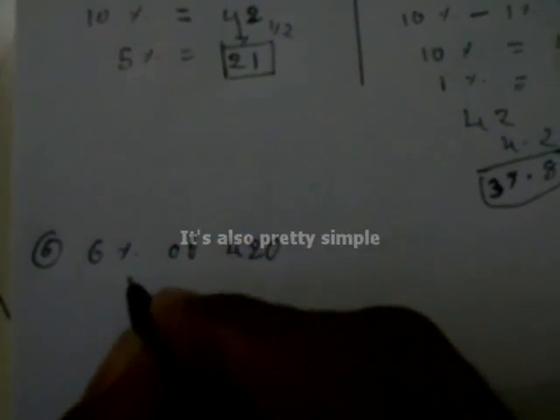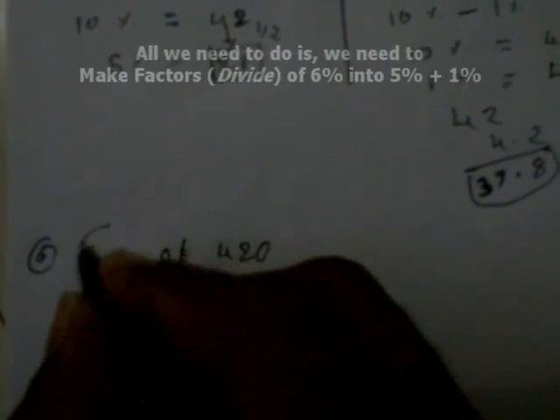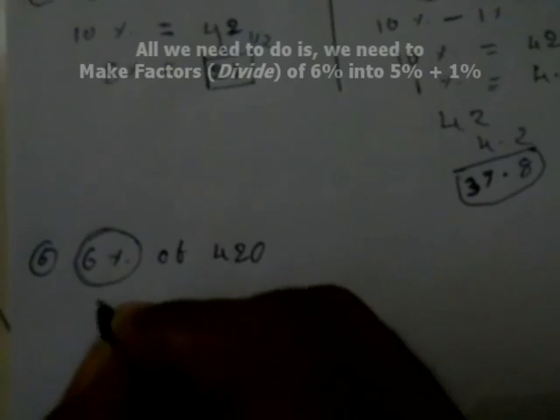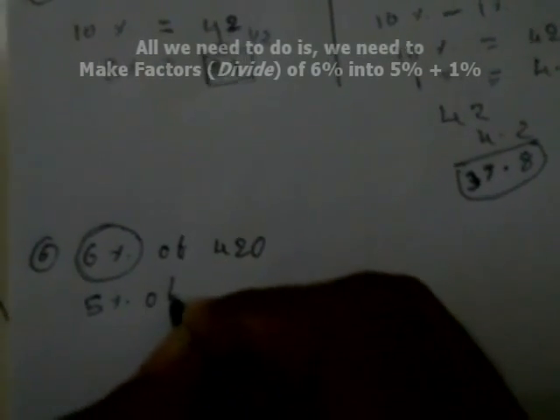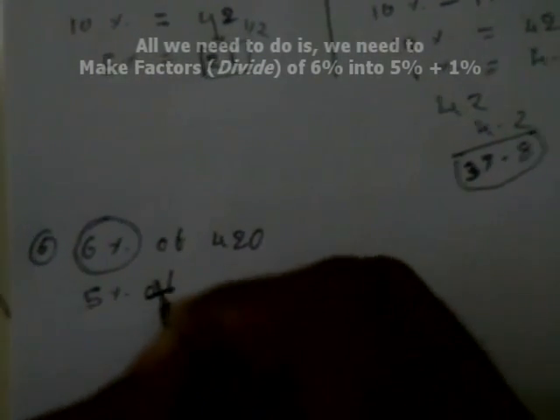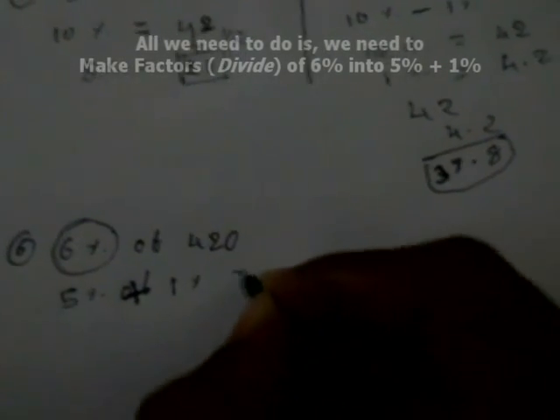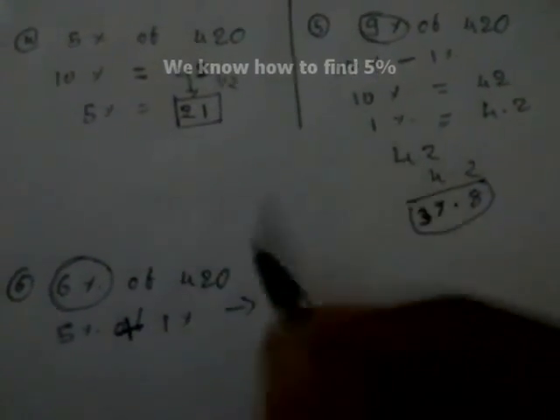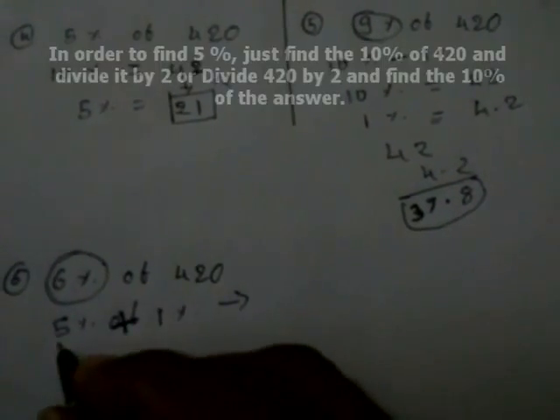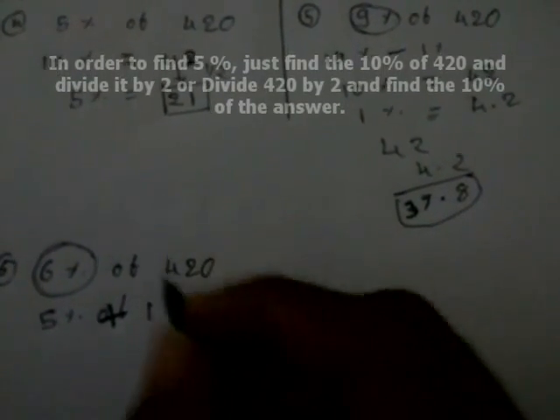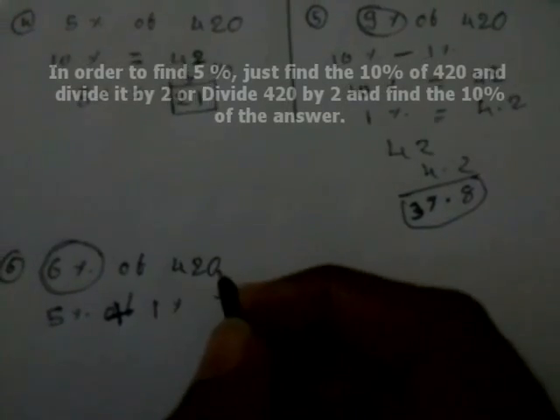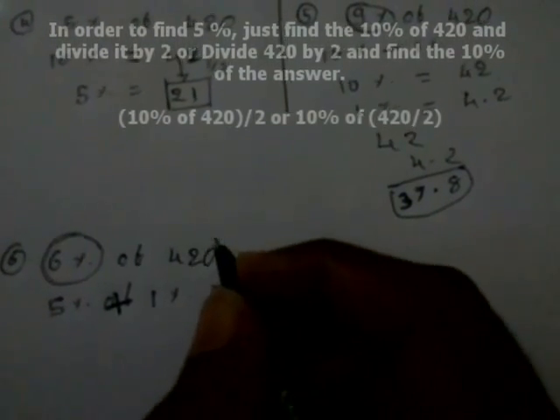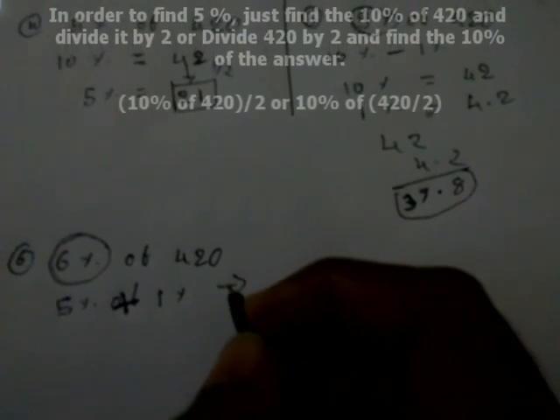Now let's see how to find 6% of 420. It's also pretty simple. All you need to do is divide the 6% into 5% plus 1%. We have seen how to find 5%. In order to find 5%, just find the 10% and divide it by 2, or you can divide by 2 and then take the 10%.